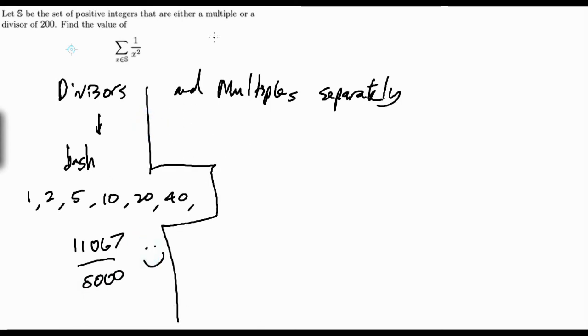The other part you may wonder about is the multiples of 200. So let's list out all the multiples of 200.